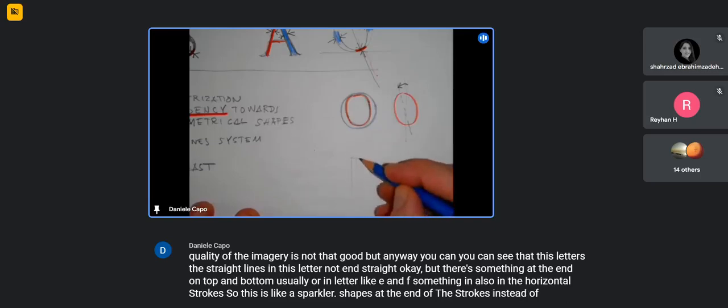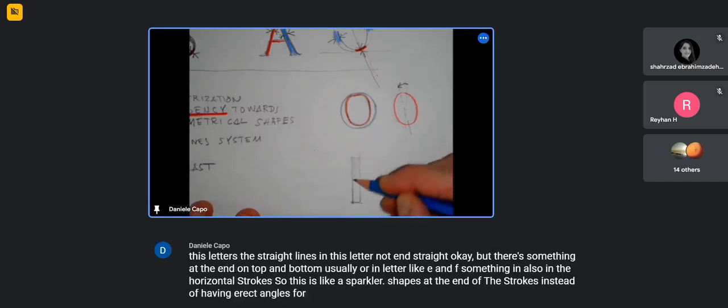Instead of having a rectangle for I, we have something like this.